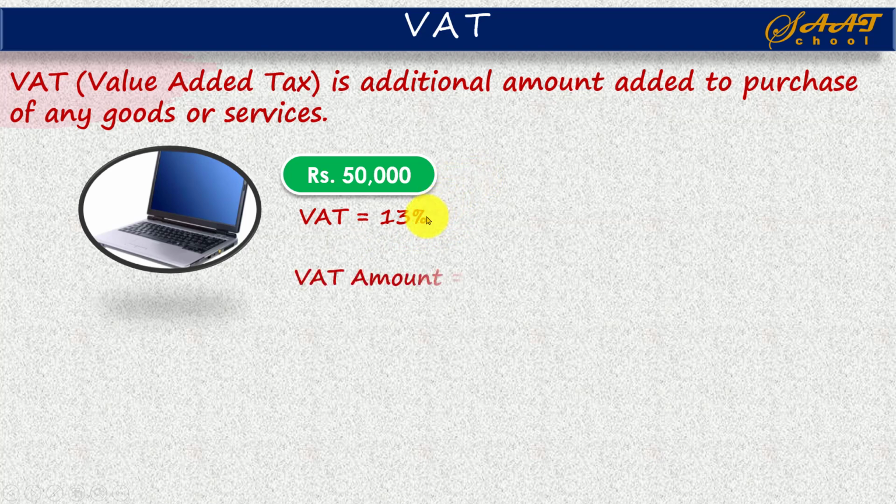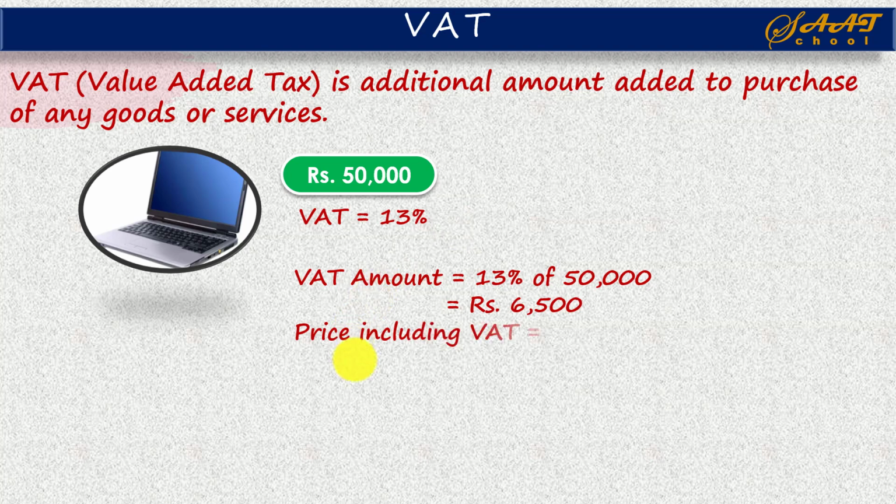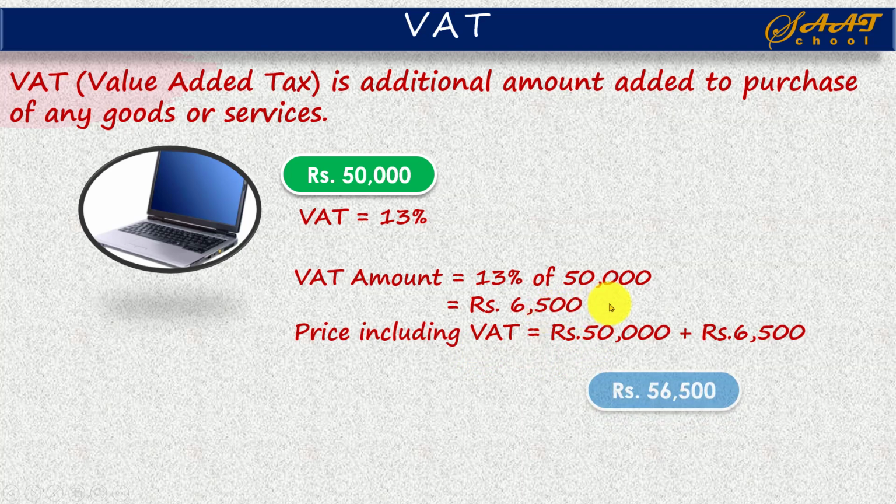Now, if 13% is VAT, then you have to calculate the VAT amount, which is 13% of 50,000. So VAT amount is 13% of 50,000, which is equal to 6,500. Once we have the VAT amount, then we can find the price including VAT, which is 50,000 plus this VAT amount, which should be equal to 56,500. And this is the purchase price.